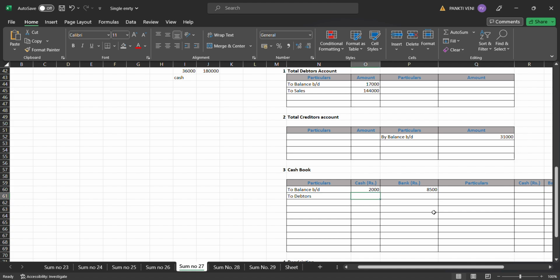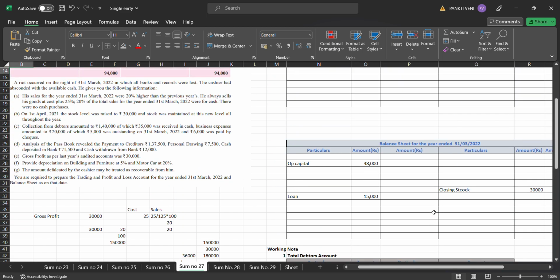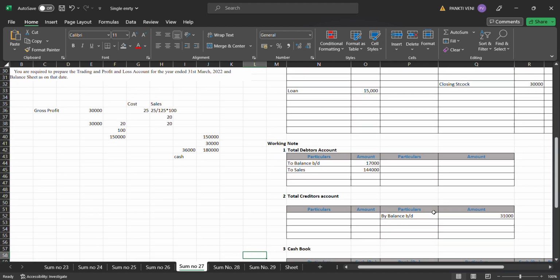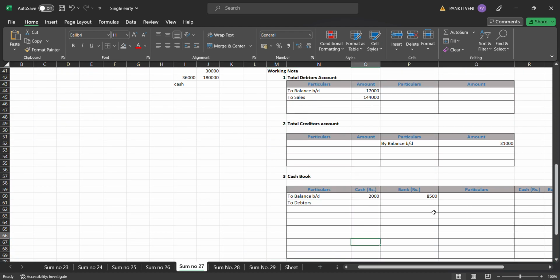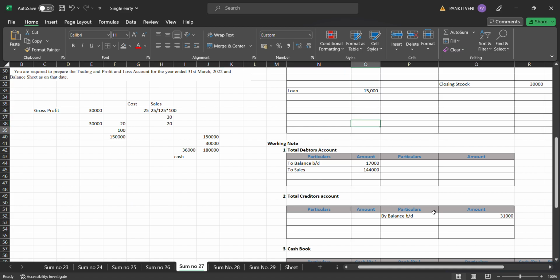How much he's taking in cash? 35,000 is received in cash. So 1,40,000 minus 35,000, 1,05,000 is my amount which I've received other than cash. So that part is done.